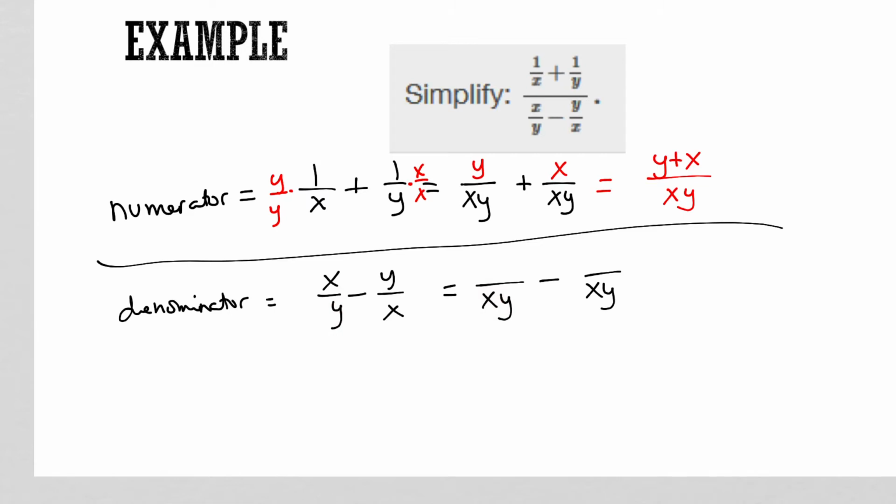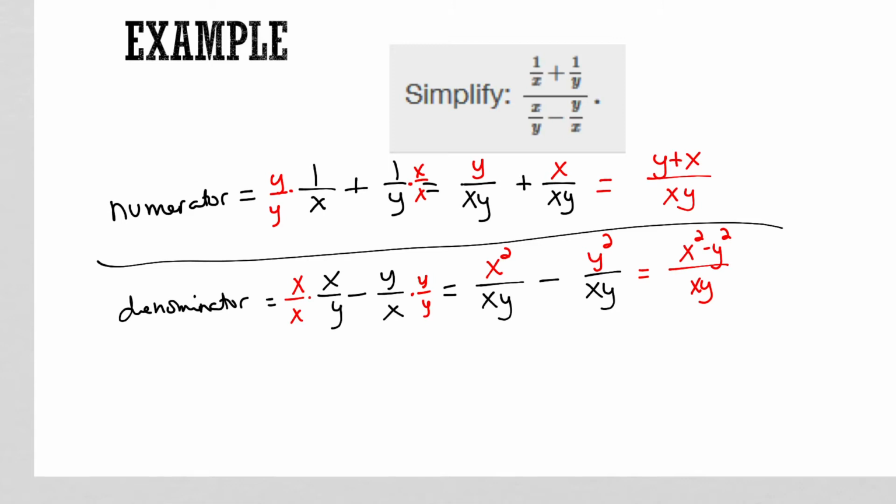We need to multiply by x/x. And what do we have to multiply this guy by to get it to be xy? We need to multiply by y/y. So we end up with x squared there, and y squared there. So this turns into x squared minus y squared over xy.